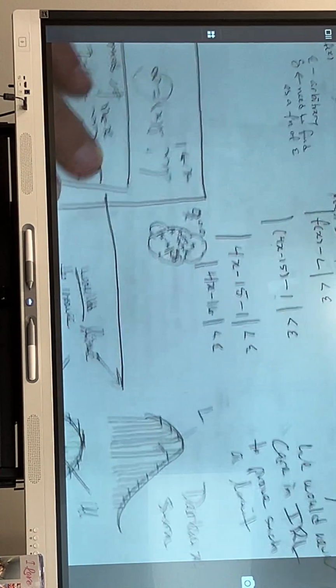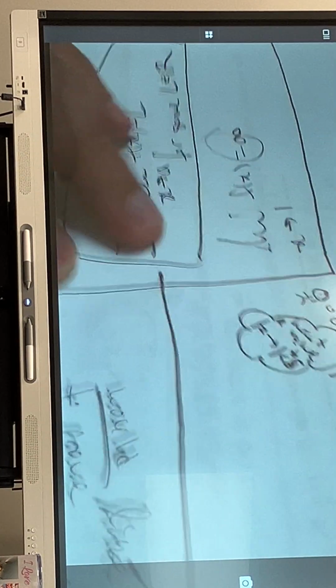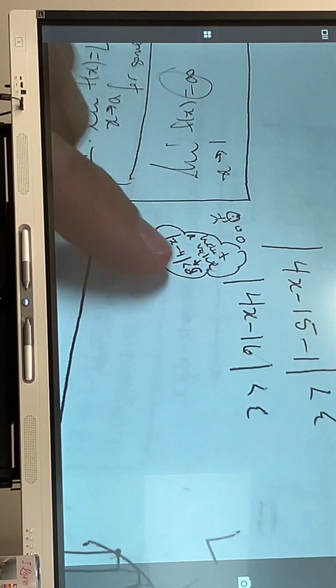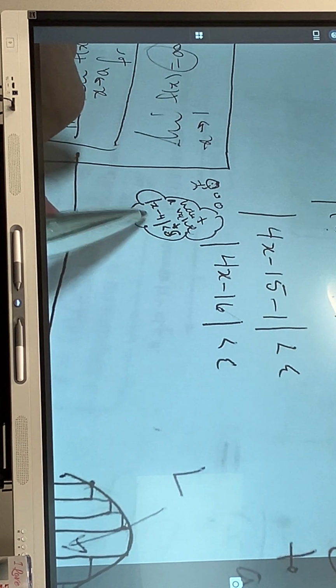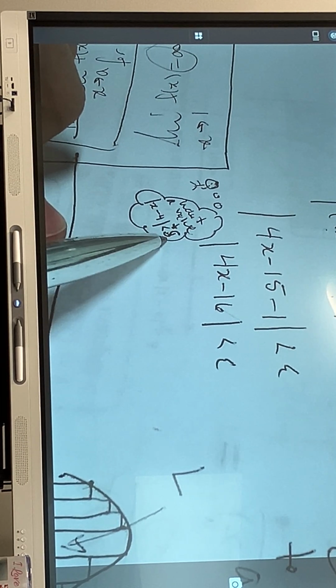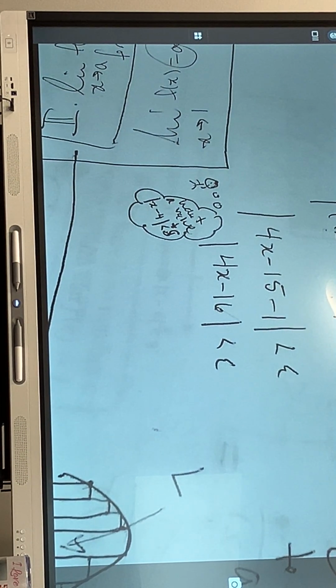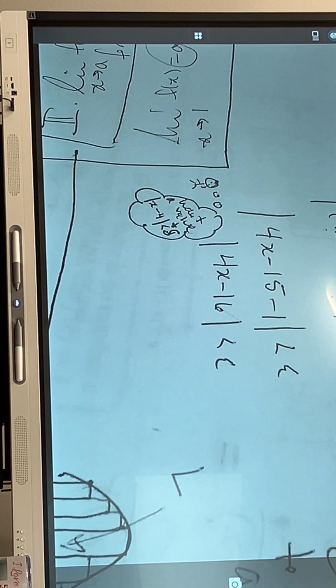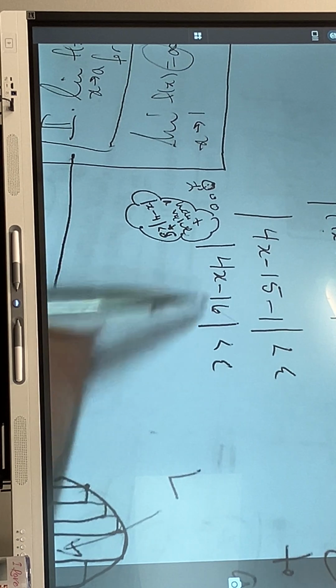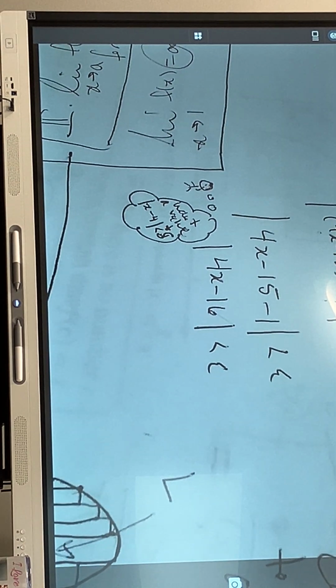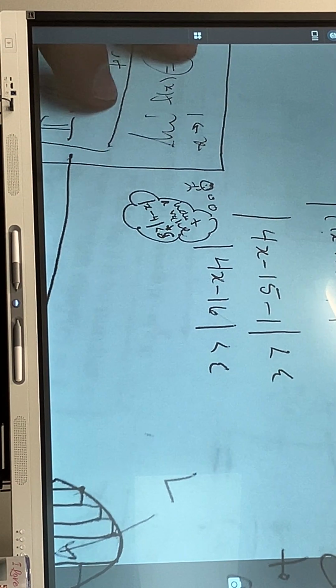We want a value for this delta right here. So that's what the thinking person is saying. We want to see the absolute value of x minus 4 needs to be less than delta. What to put for delta. So if we can make this thing, the absolute value of x minus 4, appear in this work, then it will be helpful. And do you see that it's about to happen?